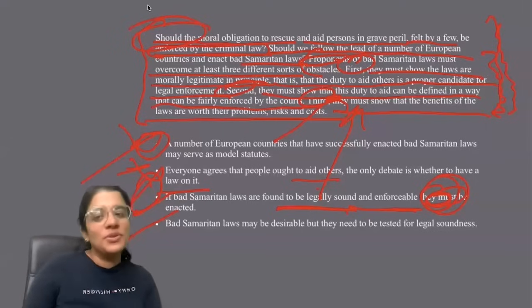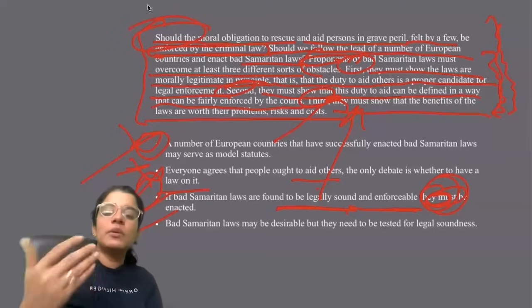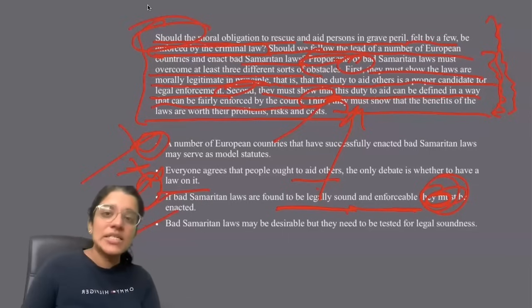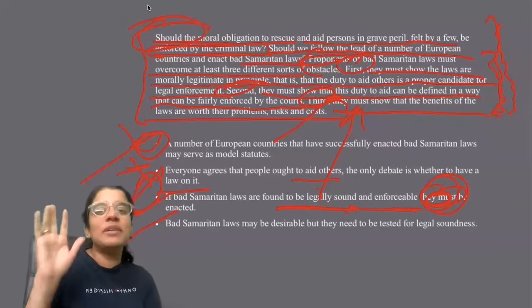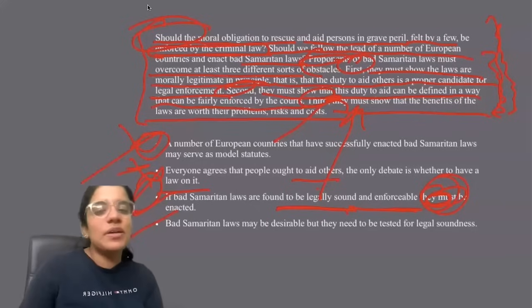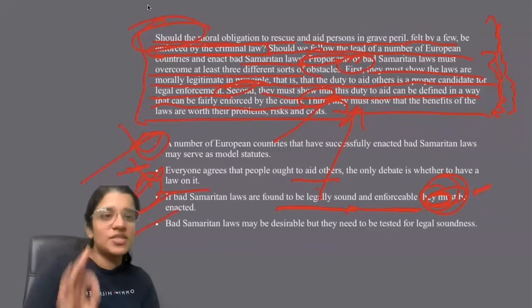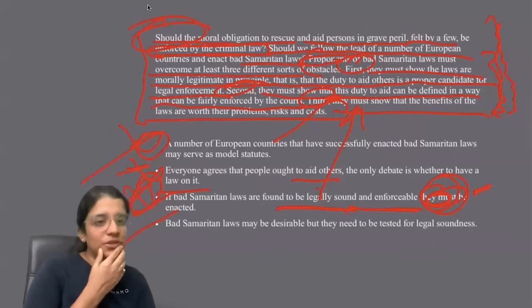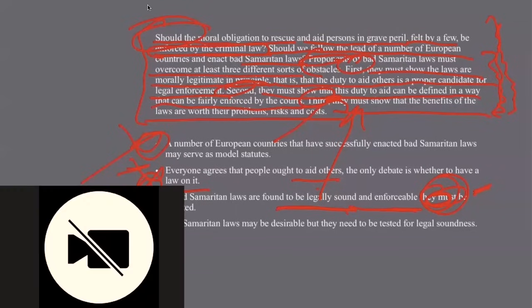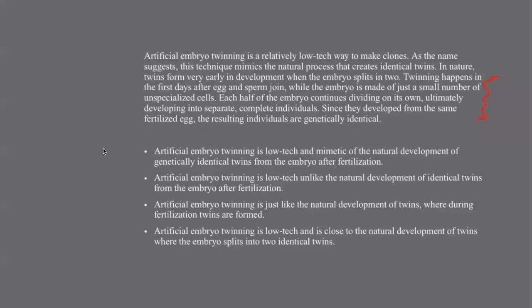It's not forcing you to do something. ये हमें खुद एक question पूछ रहा है कि क्या हमें ऐसा करना चाहिए और अगर ये होता है तो हमें ये 3 considerations ध्यान में रखने की जरूरत है, ये 3 obstacles ध्यान में रखने की जरूरत है, right? So it is not forcing us to do something at all, and that's why, because of this must word, we will be eliminating this third option, and in the end we'll choose the fourth option, bad Samaritan laws may be desirable. Now may is a possibility, not a necessity, right?